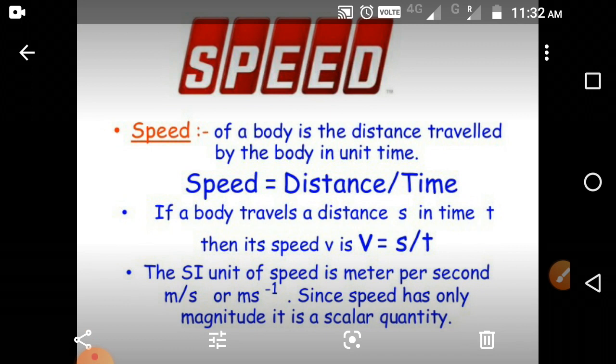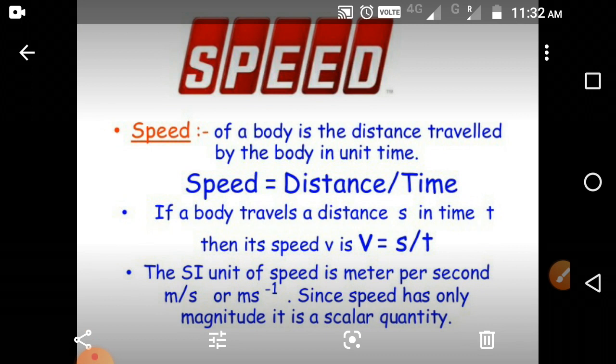For example, an object which moved a distance of 10 centimeter takes a time of 2 seconds. So what is the speed? It is simply 10 divided by 2, which means 5 centimeter per second.